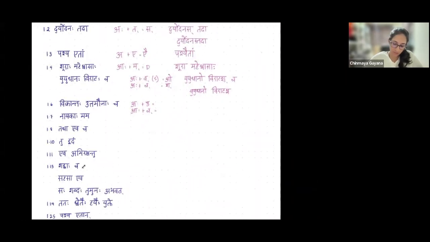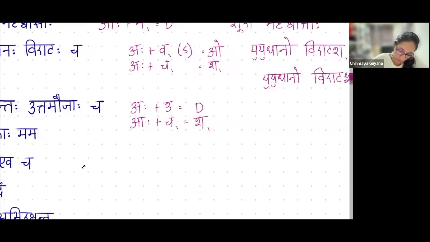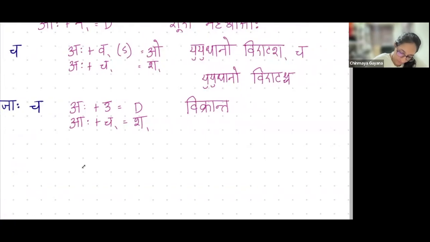So let's do this. Vikrantaha. I was right the first time. A plus U dropped. A plus sha halant becomes sha halant. So now you write this. This becomes Vikranta. Then it becomes Uttamauja.